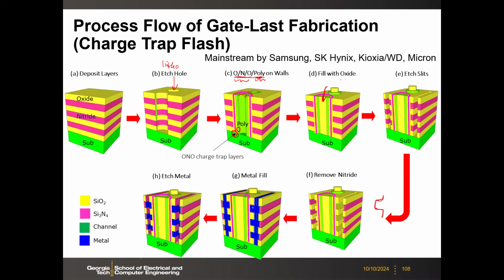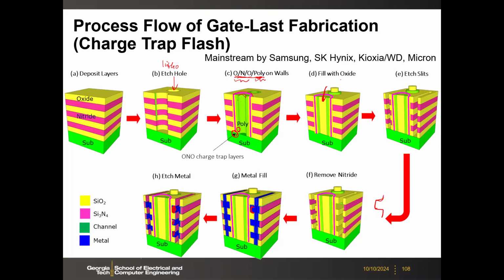That's why it is called metal gate last. The metal, this blue one, you refill with metal like tungsten, for example, and then remove the additional metal. So only the tungsten gate is left here, okay? So this is the general flow. Maybe different companies will have some improvements here and there.